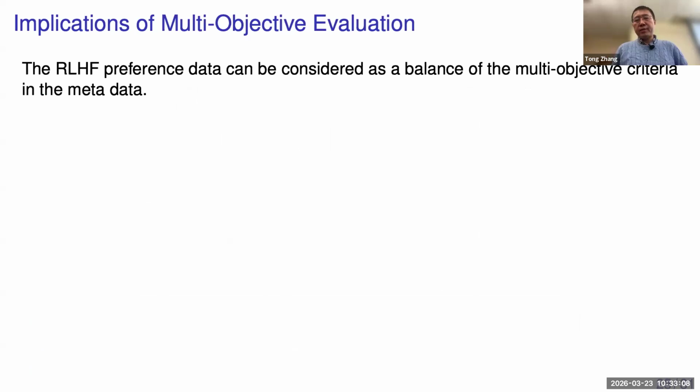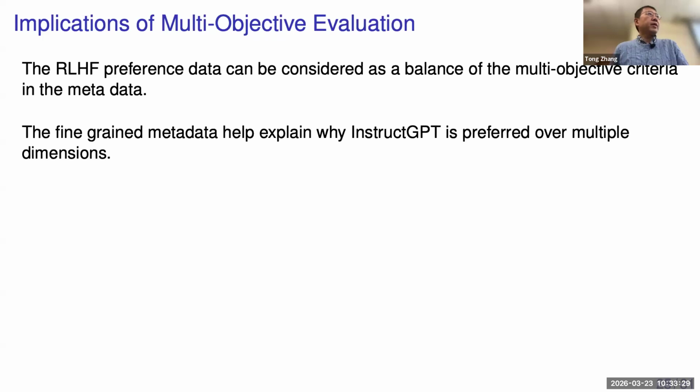What it says is the following, which I just quickly mention. The RLHF preference data can be considered a balance of these criteria. Some are just classification, but some have to do with the criteria they care about, like following instructions versus safety. For some things, you probably shouldn't follow the instructions; you will just say you don't know. So the fine-grained data will help explain that InstructGPT is preferred over multiple dimensions.